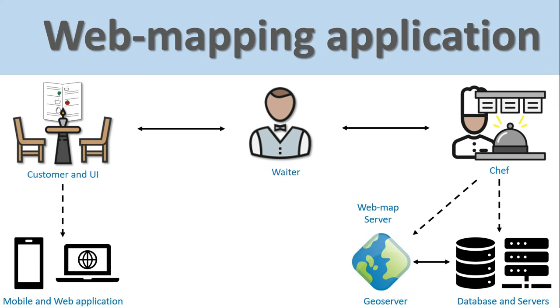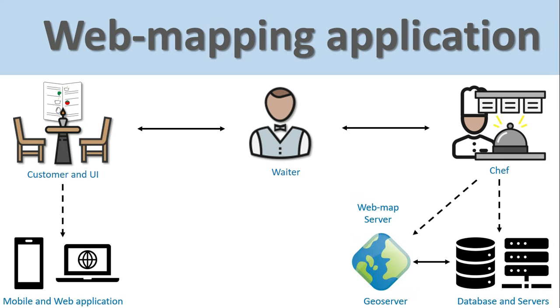For this, the user sends a request to the WebMap server. Then the WebMap server prepares the map and sends back a response containing the map images. The WebMap server can also be configured to pre-generate the maps even before the user sends the request. Pre-generated maps are stored on the hard disk and these maps are served to the user as and when they request them.